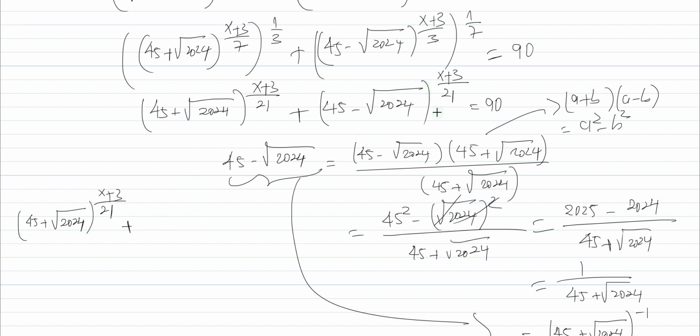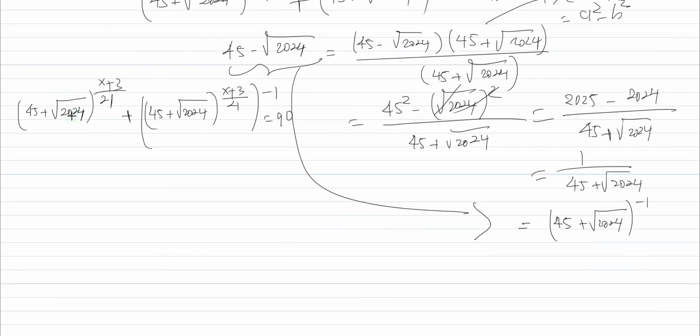So we have the same thing here, which is now 45 plus square root of 24 to the power of x plus 3 divided by 21, and this is all to the -1, and this equals 90.